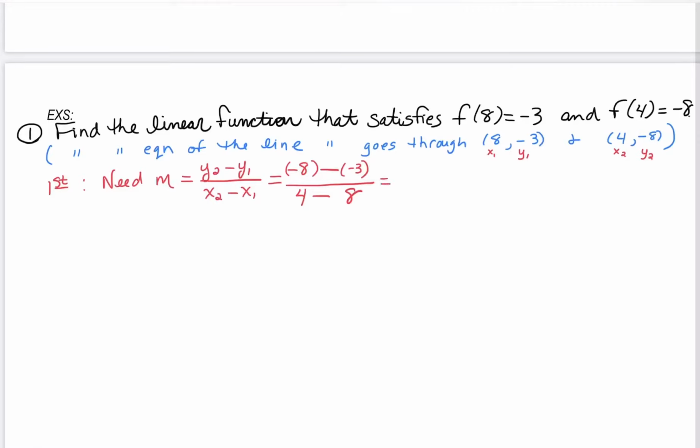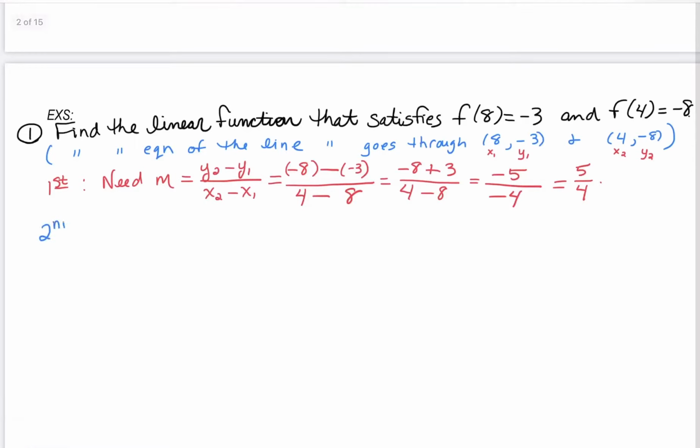Obviously we have to be careful when you have that subtracting a negative, that's going to change it into addition. And so -8 plus 3 is going to give us -5, and 4 minus 8 is going to be -4. And so we're going to have negative over negative, and the only reducing we can do is to make that a positive 5/4.